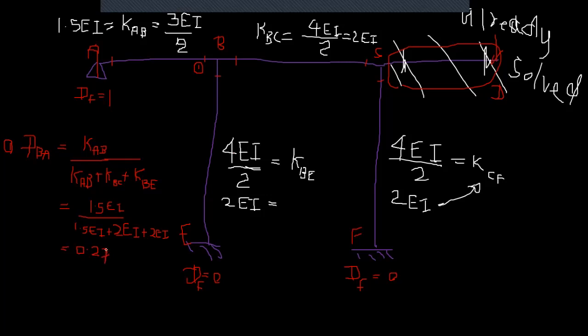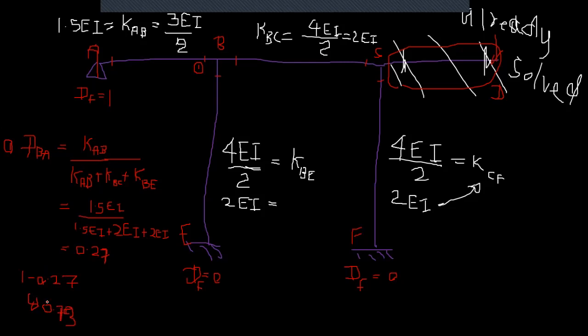So the summation of distribution factors is equal to 1, right? You know that. And you can just reduce this 0.27 and the remaining would be 0.73.